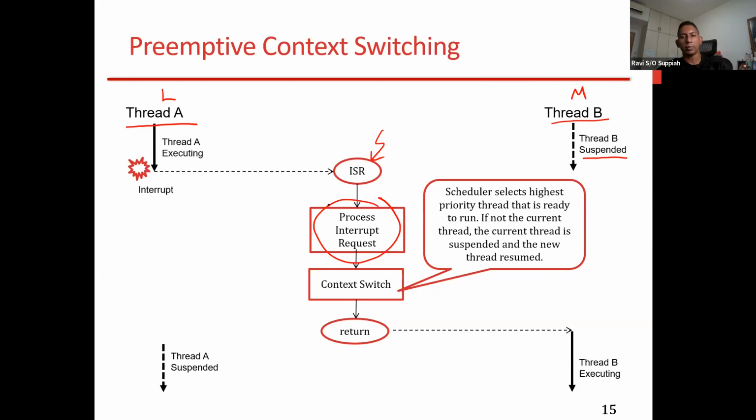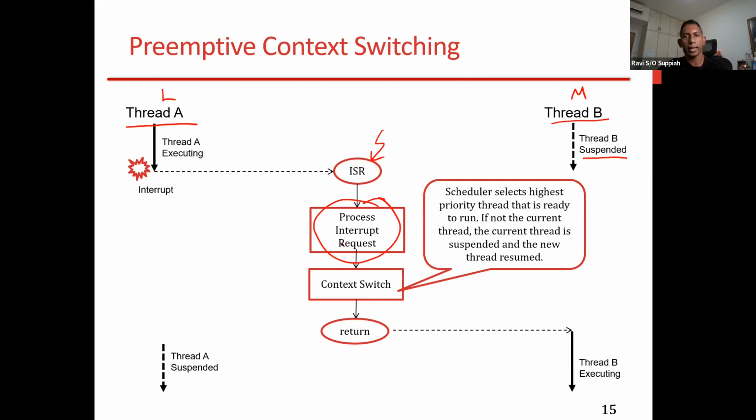So when the interrupt occurs or something else happens, that may be the thing that task B was waiting for. Maybe the data that it was waiting for suddenly came through the network, or the button that it was waiting for was pressed.